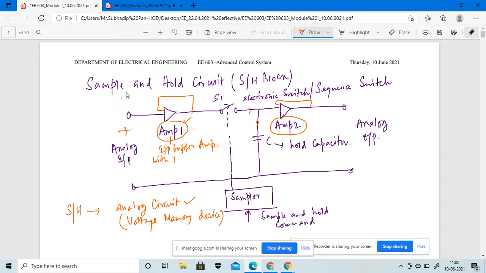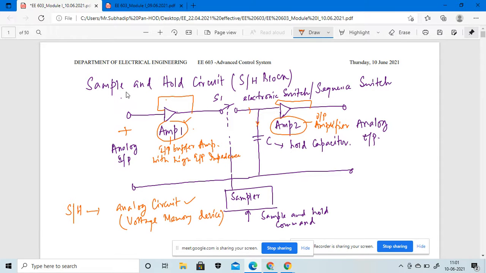The other operational amplifier is the output amplifier.